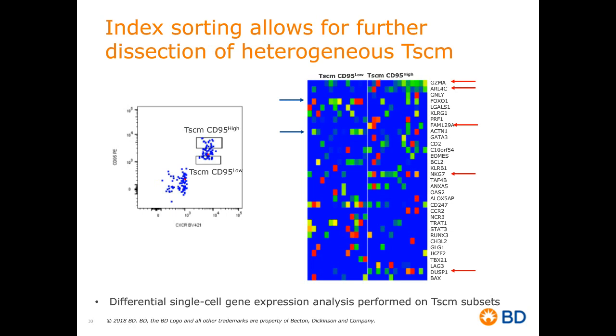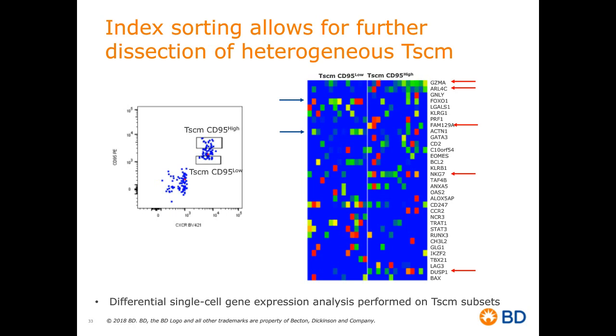And in real time, we can now recalculate the gene expression analysis, the differential gene expression analysis. And what we find is a very interesting pattern. So if you look now at the right, if we look at the red arrows, they are representative of genes associated with an effector phenotype.